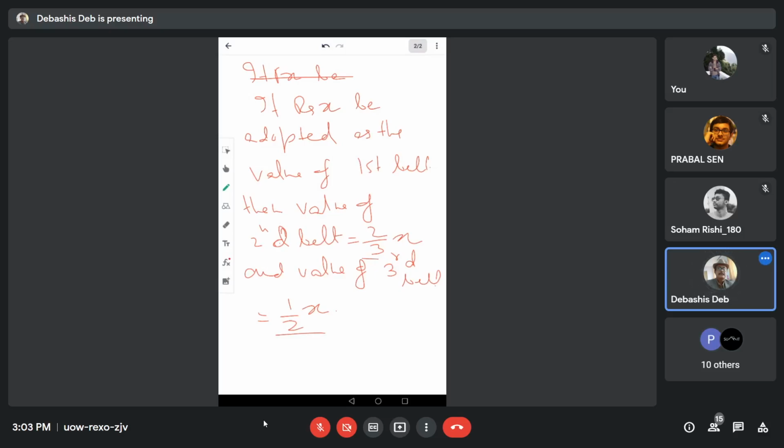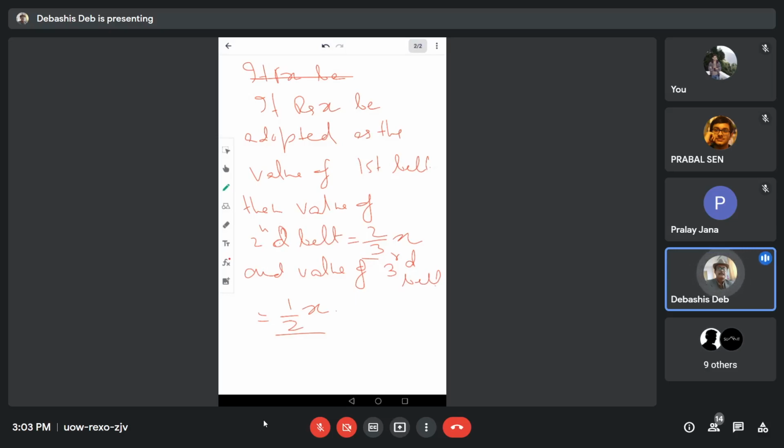I have already told on the first or second occasion that in valuation there is no discrete value. It is an attempt to the best of the knowledge of the valuer to assess the fair value of a property. More important is what things we have considered. If you consider that the second belt be valued as two-thirds of the first belt, you are right.